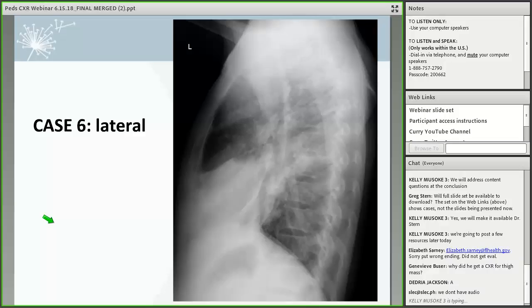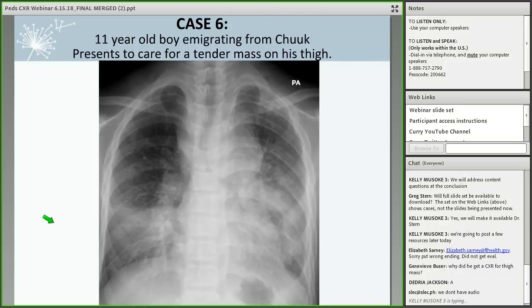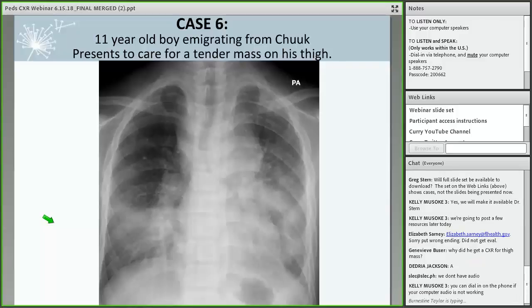So at this point, we're going to ask Dr. Vu to share with us the interpretation of these films. In looking at the frontal chest radiograph, first of all, the first thing you want to do is look at the cardiomediastinal silhouette.